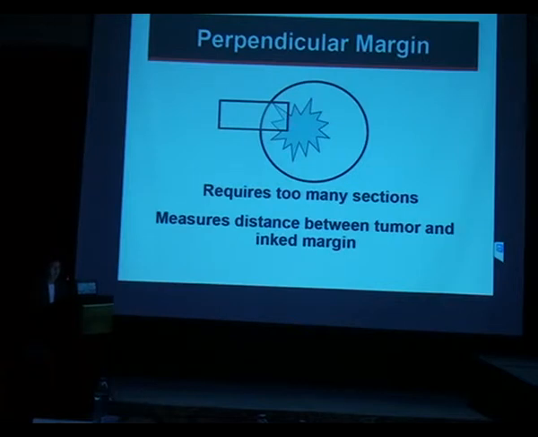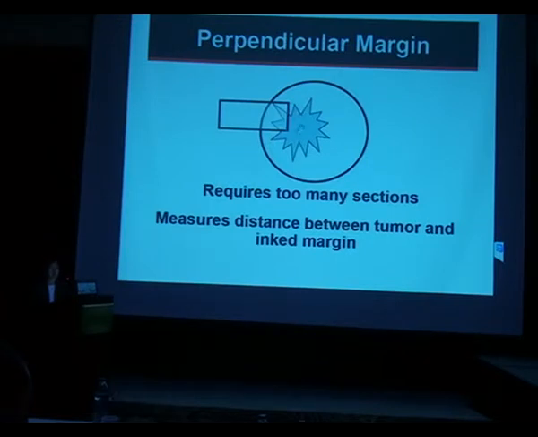The downside of perpendicular margin is that it requires too many sections. So that's the reason we do not want to do perpendicular sections all around the lumpectomy specimen, but we do perpendicular margin only where the tumor grossly appears to be close.